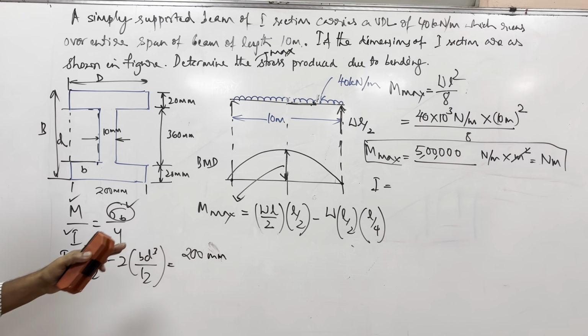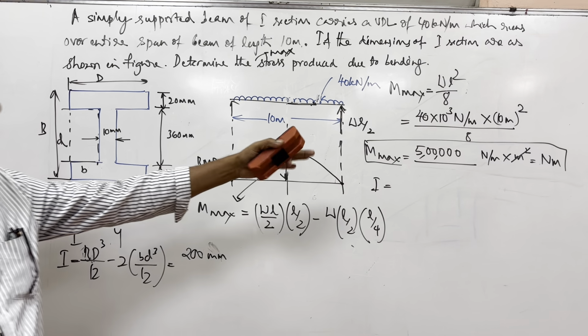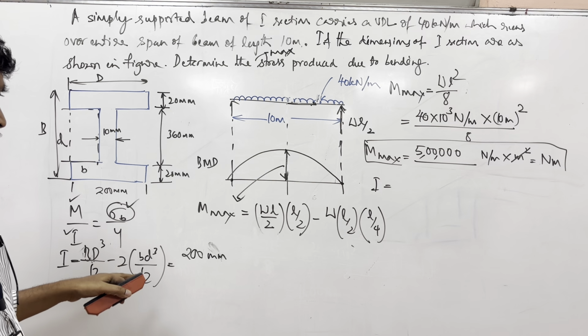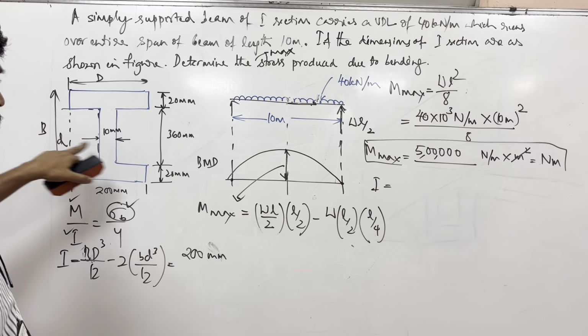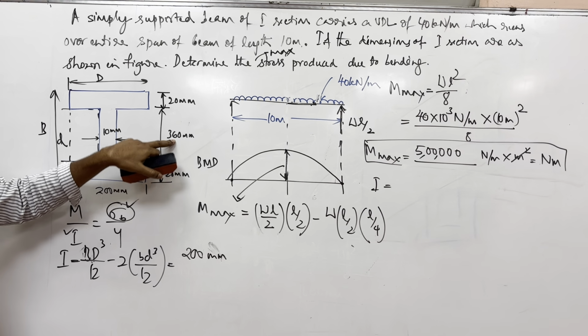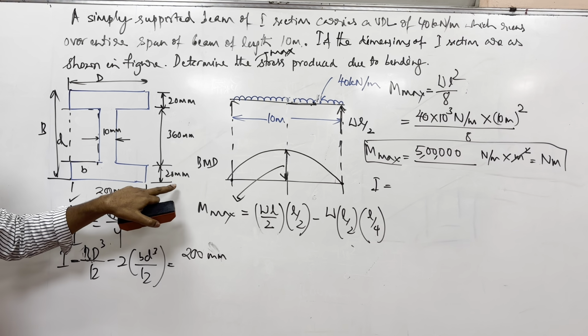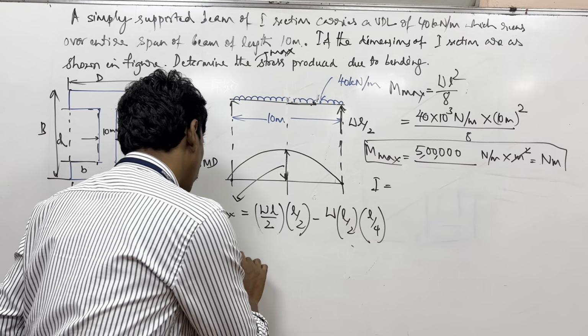If you want, you can convert everything into meters here, otherwise you can do it at the end. So 200, and D cube. D is how much? 360 plus 40, 400.